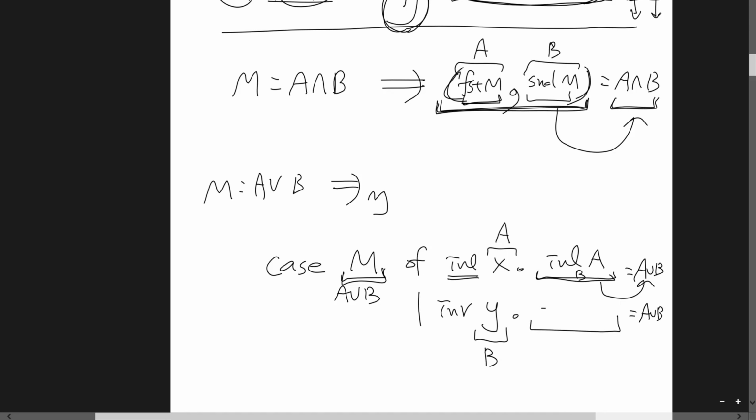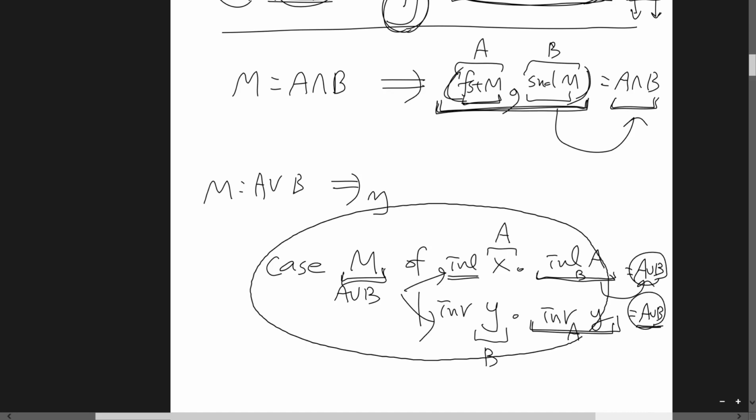You just take injection right of Y with annotation A. And this injection right Y is going to have type A disjunction B. So whichever branch you take, you always end up with a proof term of type A disjunction B. So the whole proof term is going to have type A disjunction B. So this is the eta expansion.